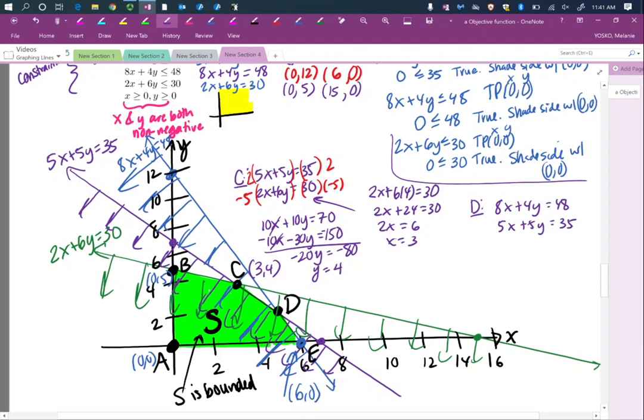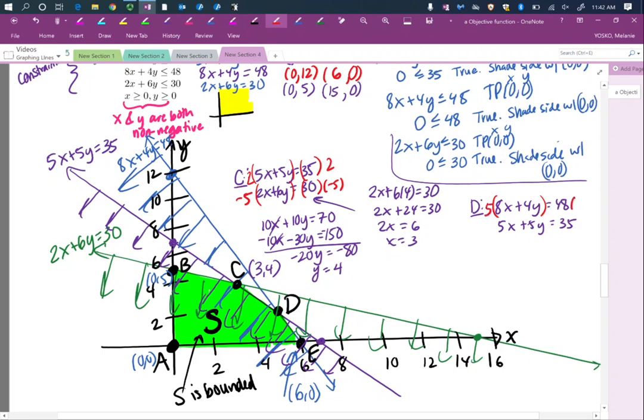We want the coefficients of either x or y, doesn't really matter, to be the same, but we want them to have different signs. So the numbers are smaller for the y's. I have a 4 and a 5 versus a 4 and an 8. So I'm going to choose to get rid of the y's. I have 4y, and the other one's 5y. So the least common multiple would be 20.